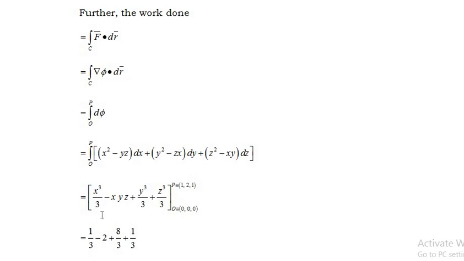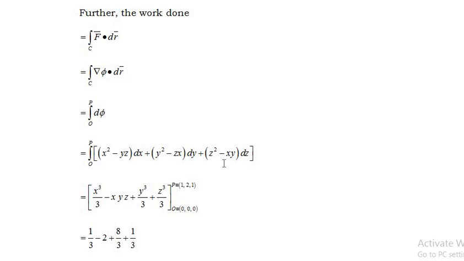So that will be x cube by 3 minus xyz, plus integration of terms in the second bracket free from x with respect to y, keeping z as a constant. So there are two terms, but the second term involves x. We do not consider this. Integration y square dy is plus y cube by 3, plus integration of terms in the third bracket which are free from x and y.